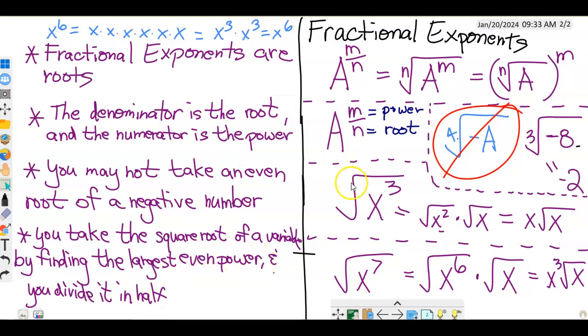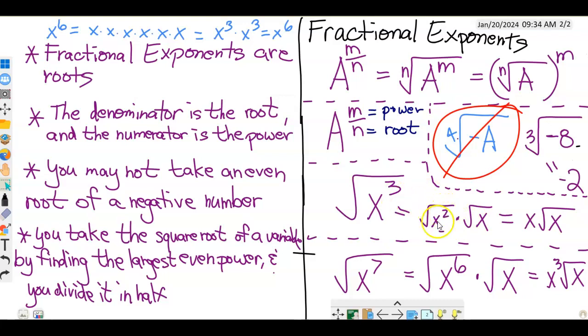Here's an example. Example number 1, x to the third power. Well, what's the highest even power I can take out of there? X squared, right? X squared times x to the first power is x to the 2 plus 1, or x to the third. Okay?